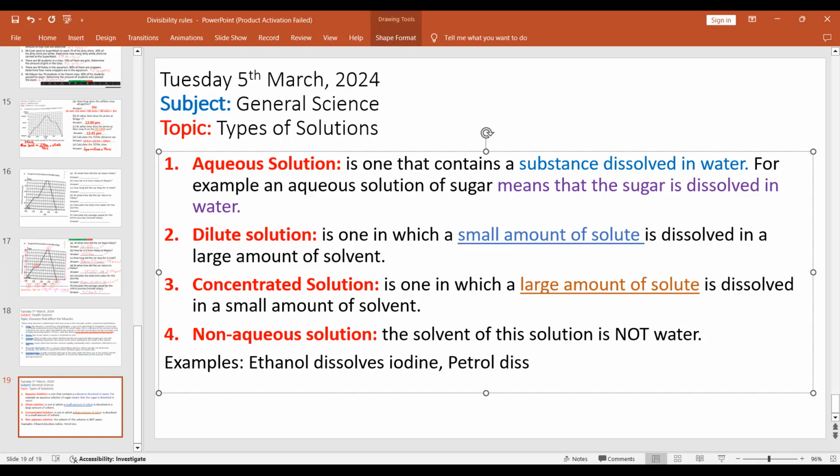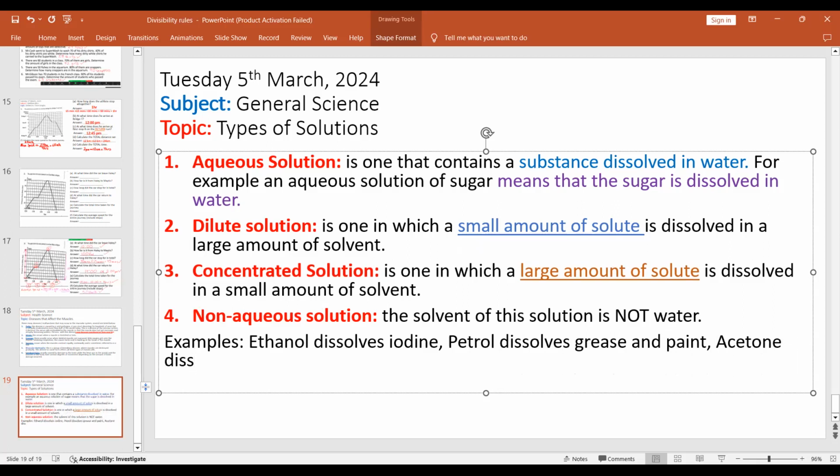If you have grease or paint, petrol dissolves that. And then we have acetone, which is a nail polish remover. Acetone dissolves nail polish.